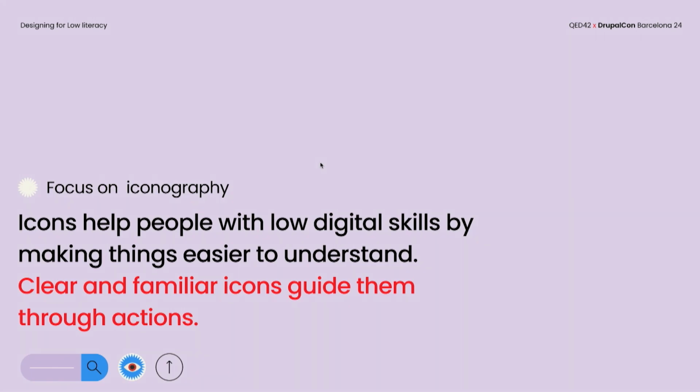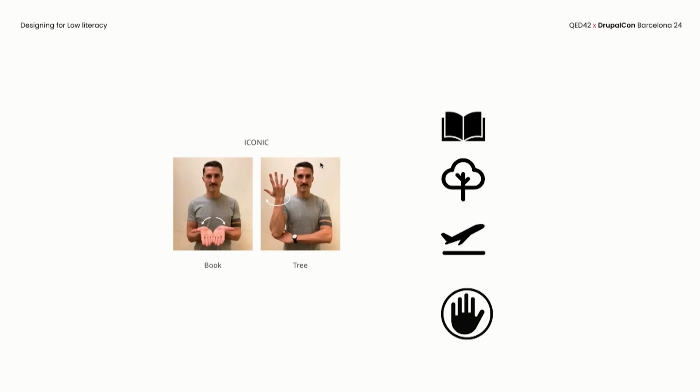Focus on iconography. So having simple icons, not exactly the icons that look pretty on your website, but icons that are familiar to the users. For example, how sign language and icons are pretty similar.